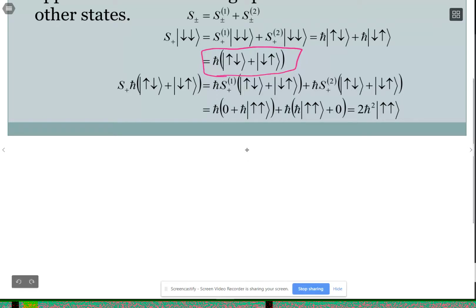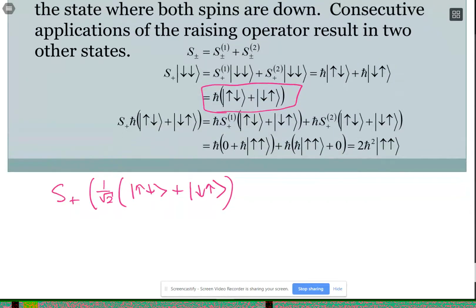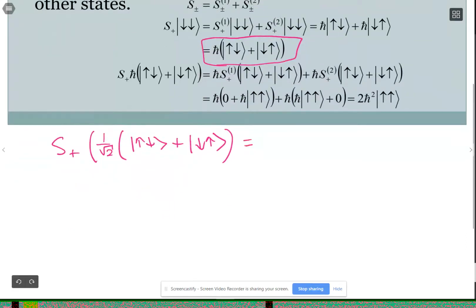should have h bar squareds. And I'll do it down here. I'm changing from the h bar to 1 over root 2 because that was our normalization constant. Remember, the raising operator is going to first raise the first one and then plus raising the second one. So if I raise the first one, I'll do raising the first one in blue. What do I get if I raise this?